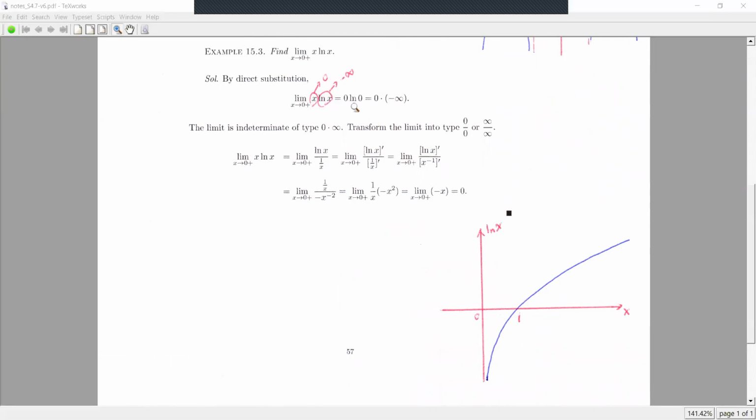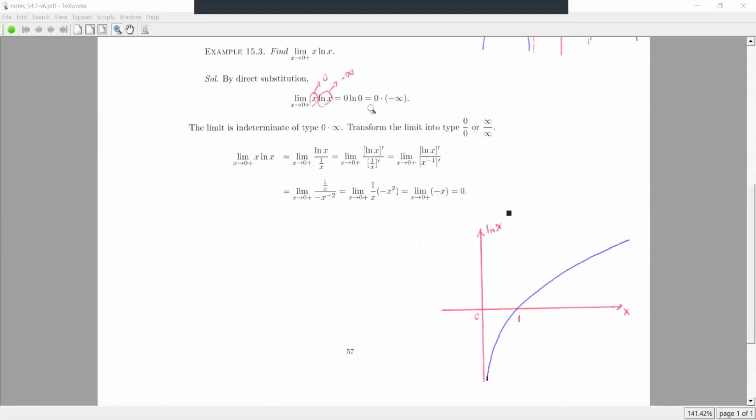What is natural log of zero? Here is the graph of natural log. As x approaches zero from the right side, the curve goes down to negative infinity. So we conclude that natural log of zero is negative infinity.